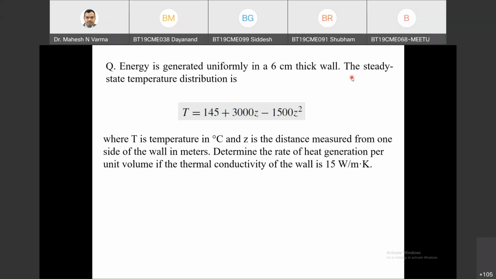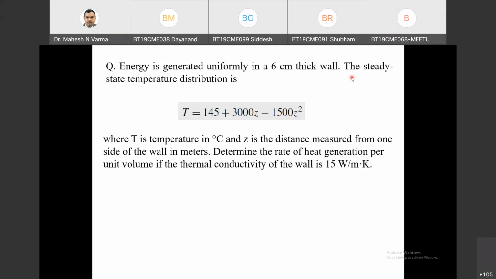Temperature is in degrees Celsius and Z is measured in meter. Determine the rate of heat generation per unit volume, G. You might be remembering G. If thermal conductivity is 15 watt per meter Kelvin, what will be the rate of heat generation per unit volume?